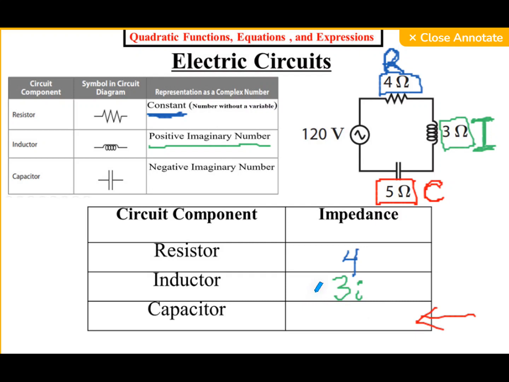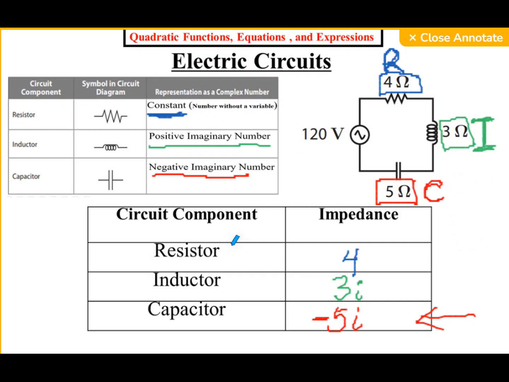Close. Anaya, help him out. Negative 5i. Remember, capacitor will always be a negative imaginary. Make a note. All right? How are we doing? Good?